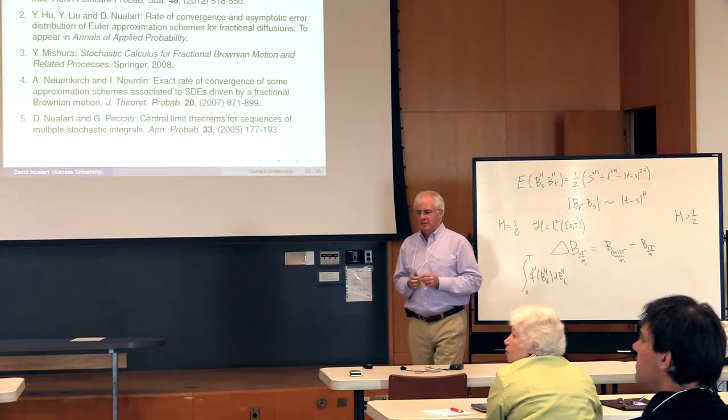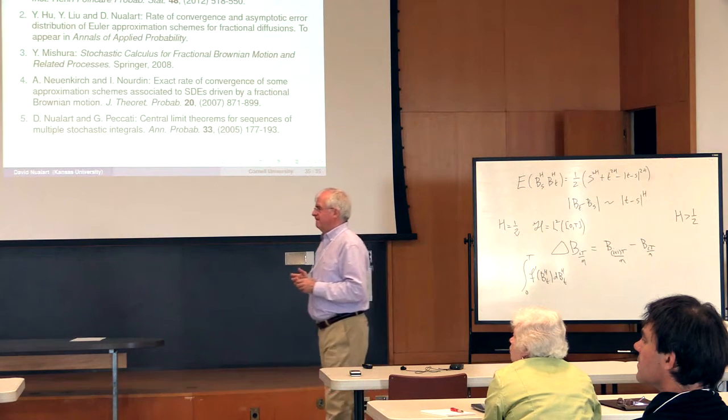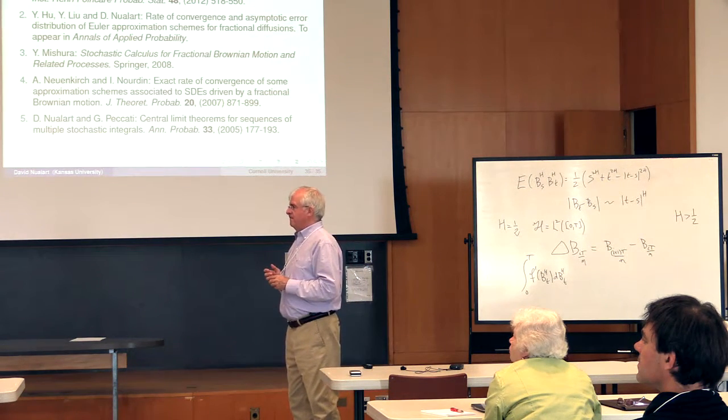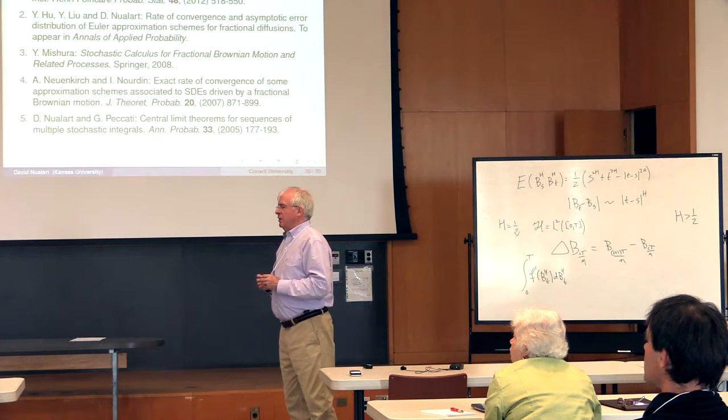Okay, any other questions? I have a question. At the very end, when we were talking about fixing the Euler scheme so you get a better rate of convergence, there was this boundary of H equal to 3/4. Can you do something about it by doing a different correction? When your correction terms are in the second chaos, can you do something with a higher order chaos to get a better boundary?